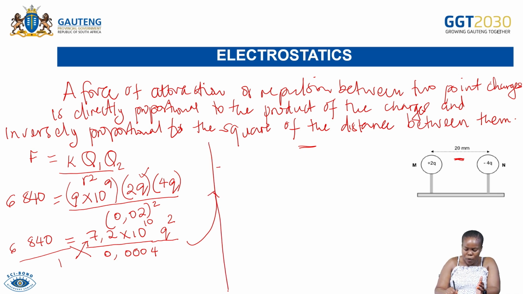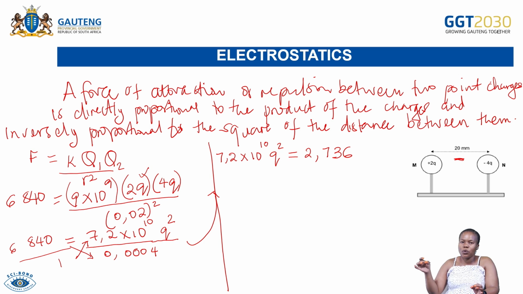So we're going to have now 7,2 times 10 to the power of 10 and then q squared is equal to 6,840 multiplied by 0,123, and then it's going to give us 2,736.